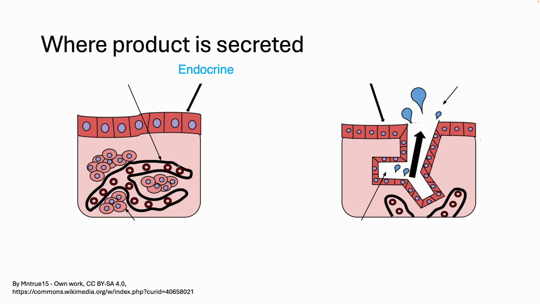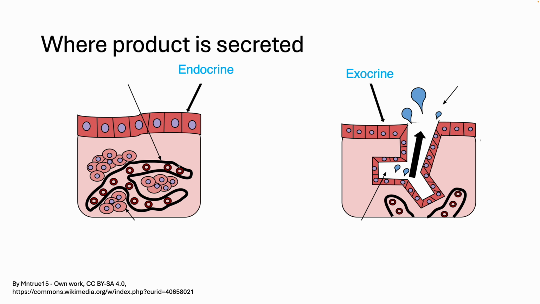You have endocrine glands, which are also known as ductless glands. This is where the ducts were initially there but were lost during development. Thus, they will secrete their hormones into the interstitial fluid, which then will enter into the blood. Their secretions are generally referred to as hormones.